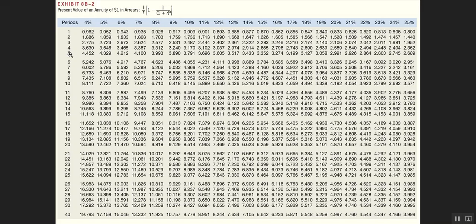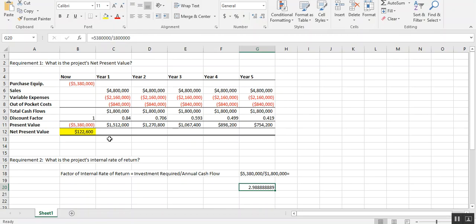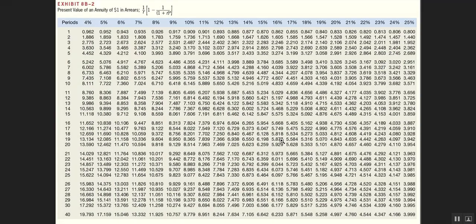So we're going to take the 5-year period of time, and we're going to use that factor that we found, 2.989 essentially. So let's go back over to our chart. We can take the 5 and read across till we find something that looks close to 2.989.